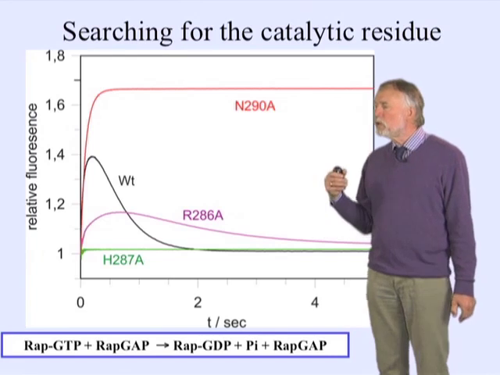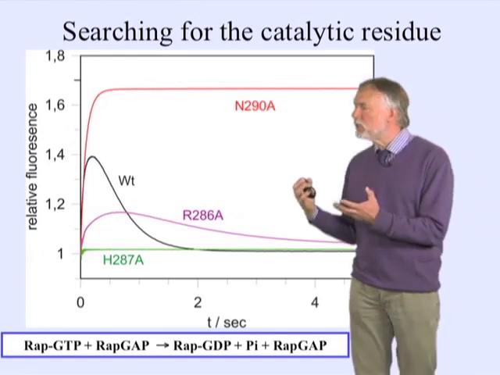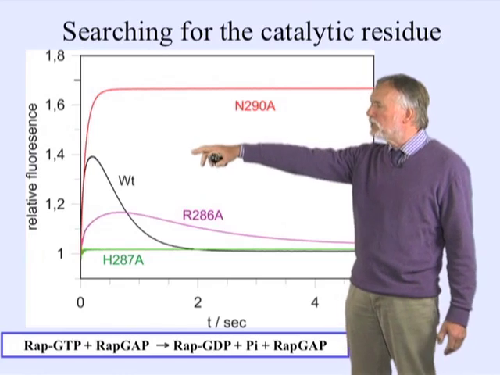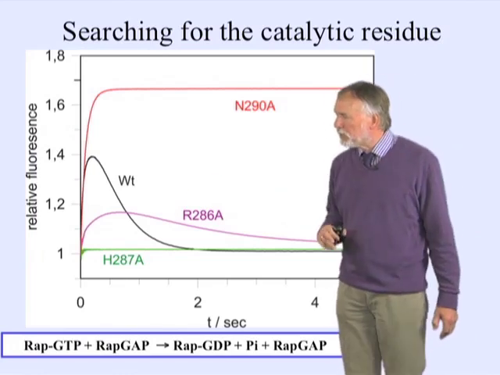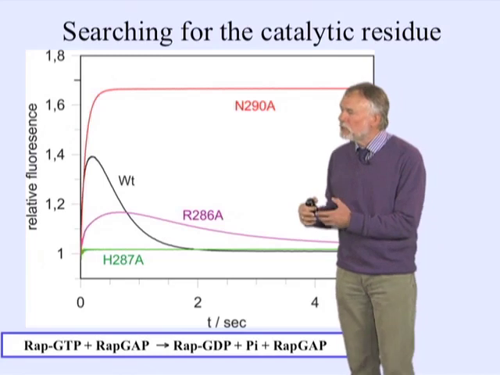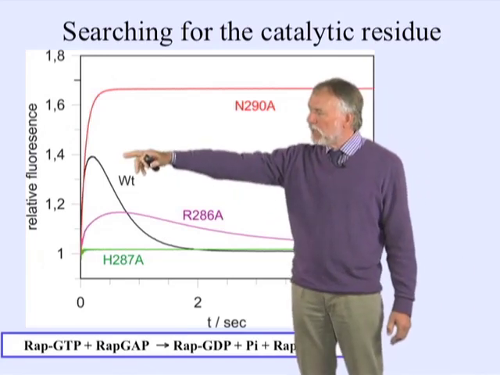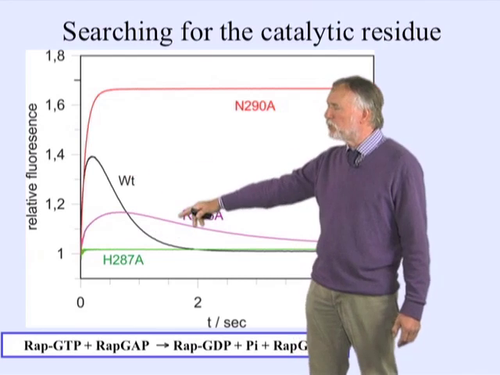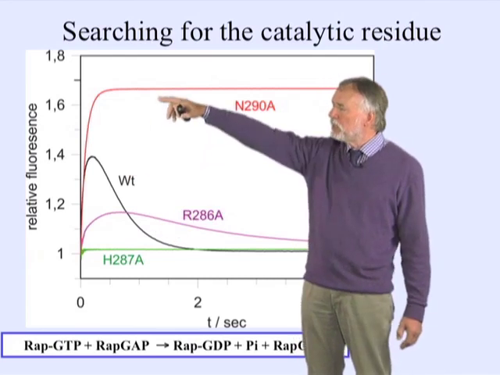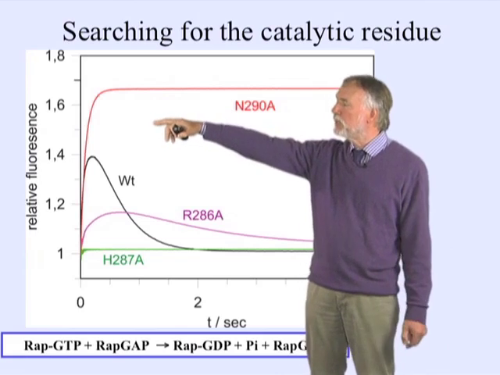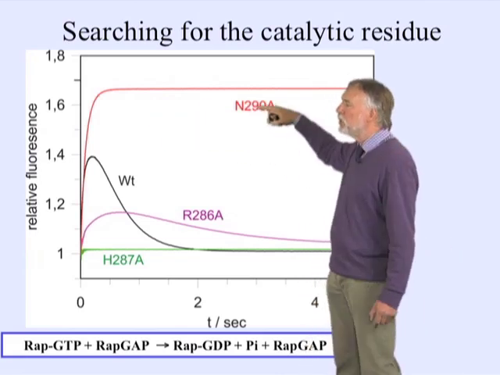So first of all, if you look at the N290A mutation and analyze the reaction by, again, this fluorescent stopped-flow assay, you see that while wild type makes a complex and then decays into product, the mutation makes a complex. This is even, by the way, tighter than the wild type, but there's absolutely no hydrolysis.